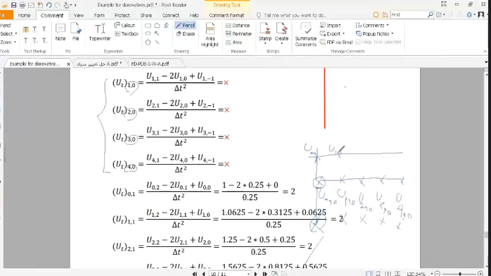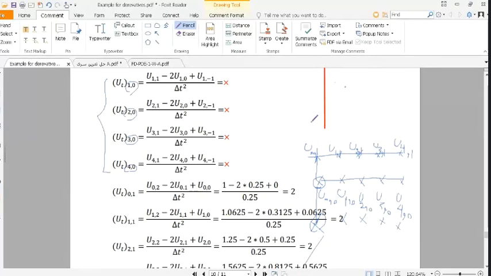For the next point, we have u 2 and 1, and then we have u 3 and 1, and for the next we have u4 and 1. If you are careful, you can see the second index for all points at this row is constant and is 1.